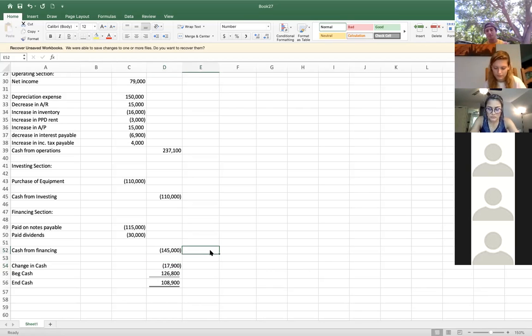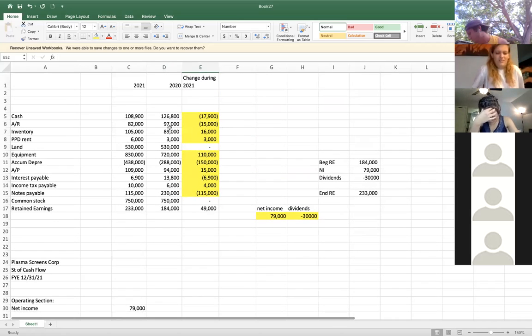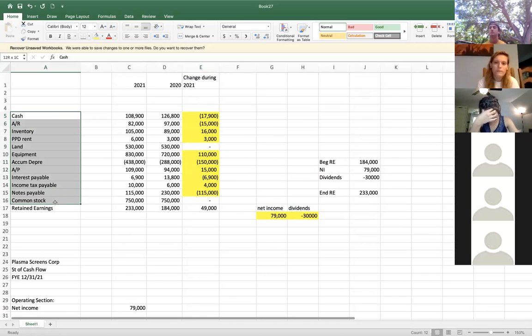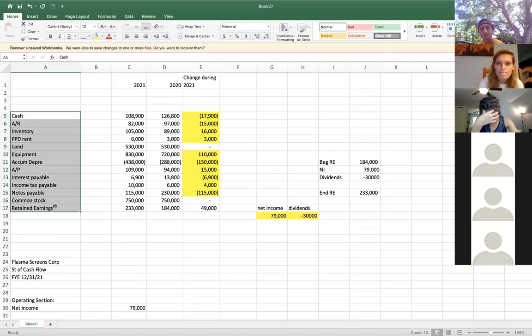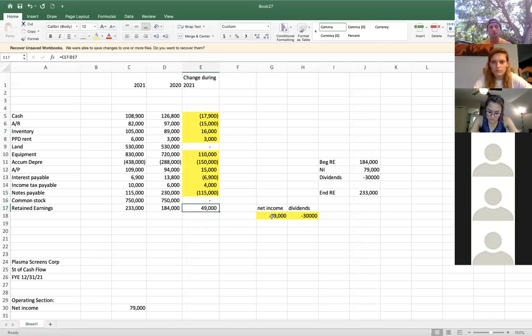So we can take a comparative balance sheet and an income statement, and we can prepare the statement of cash flows. And I do that by accounting for the change in every single balance sheet item. The reason that I need the income statement was because for the change in retained earnings, I need to know what net income is so that I can then figure out what dividends are.